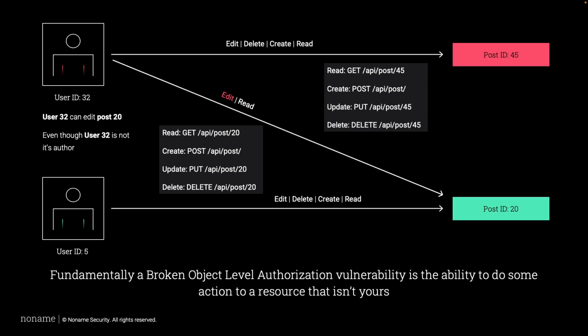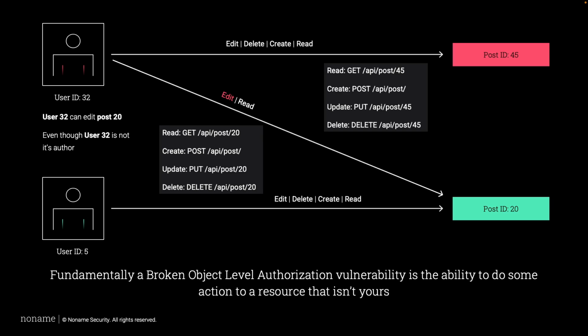So in this example, we have the red user 32, which has the post of post ID 45, and the green user ID 5, and post ID 20. Now, the green user should be able to read, create, update, delete ones on post 20 because it's their post, and 32 should only be able to do those things on post 45 because that belongs to them.